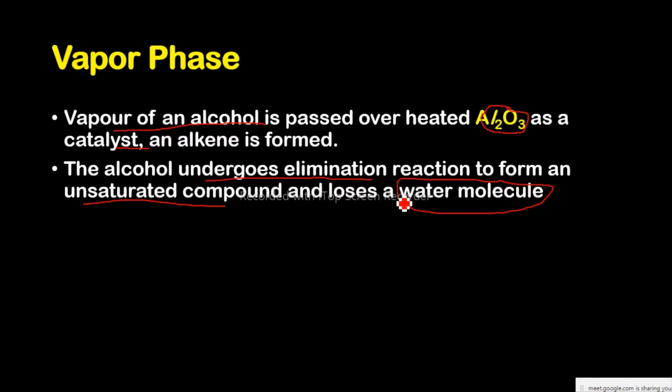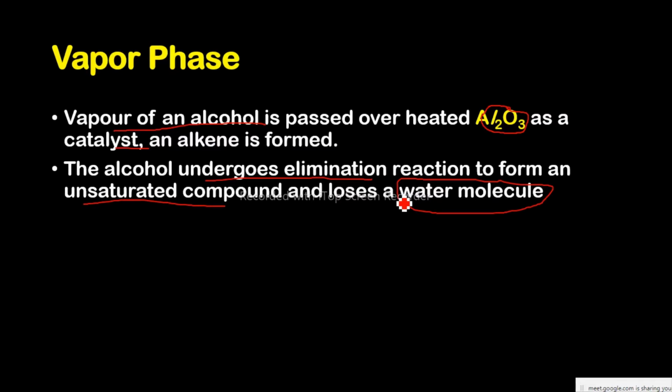Initially you begin with an alcohol, but you lose a hydrogen atom together with the OH, you form water, and you form an unsaturated alkene. So that one becomes an elimination reaction.